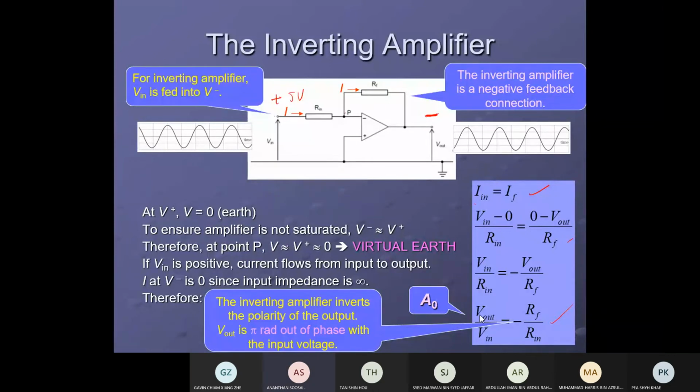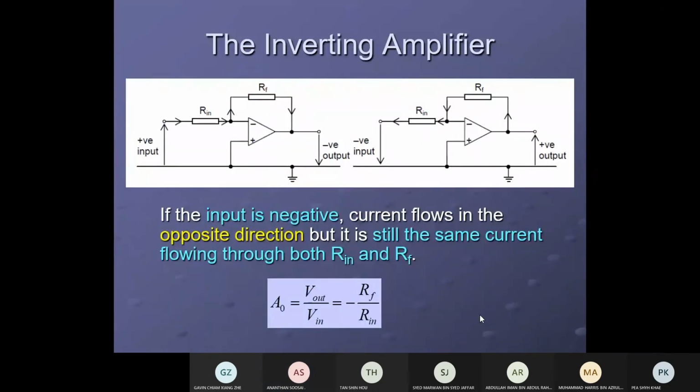Let's go for one example. When the input is positive, the output will be negative. When the input is negative, the output will be positive, and the current will flow the other way around. But whether current flows from RF to RIN or RIN to RF, the current through RIN and RF is always the same.